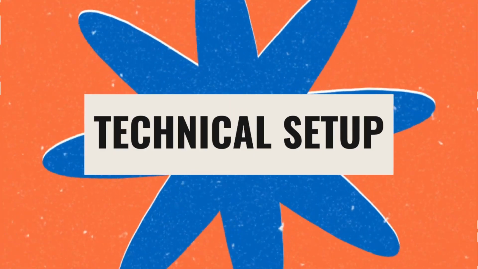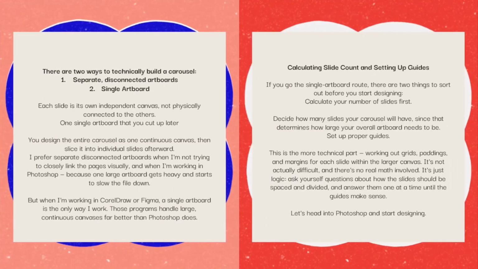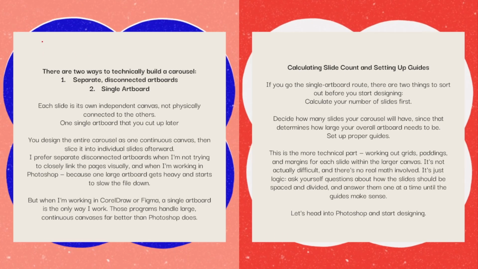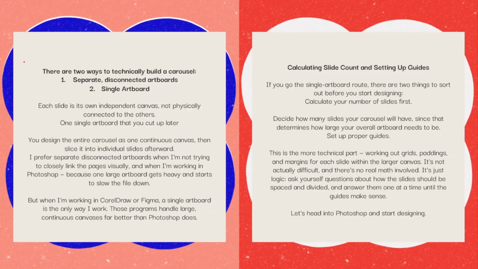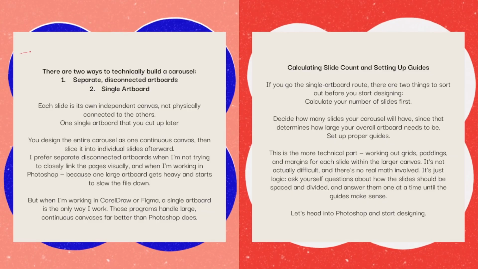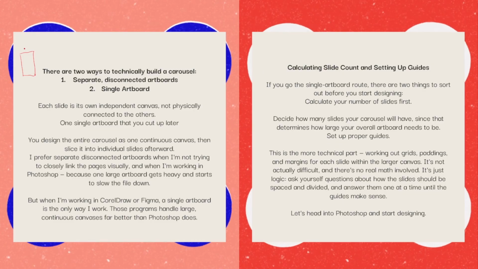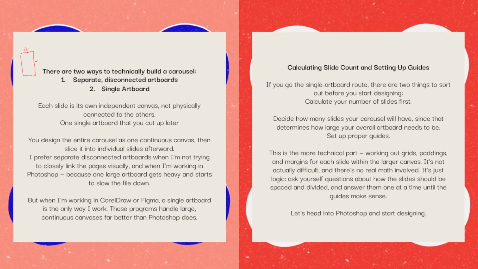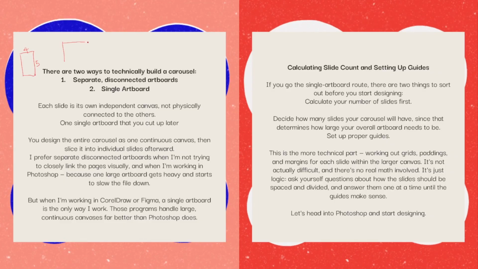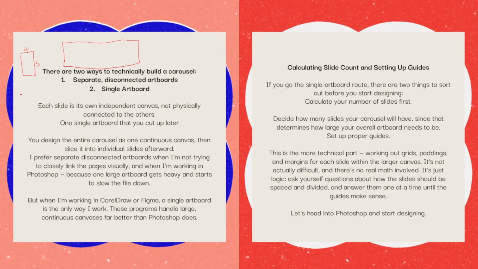Alright, so next we'll be looking at the technical setup. Now, there are two ways you can design a carousel. For example, if I want to design a carousel where each slide is a normal 4x5 Instagram post. Let's say this is 4, this is 5. One way I can do it is create an artboard, and let's say we are designing 6 slides, right?